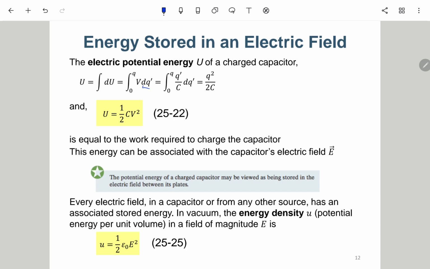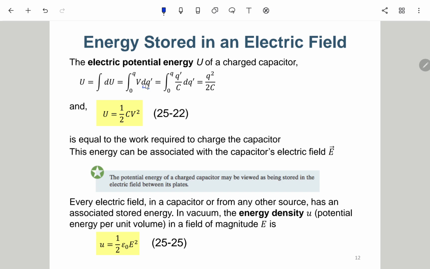Initially the potential energy is zero. So we put each dQ prime into this system one by one. So we have this integration.